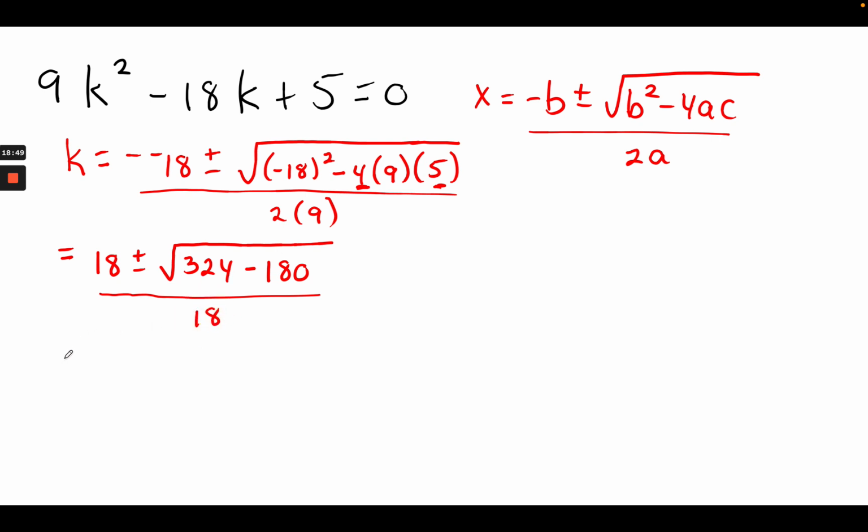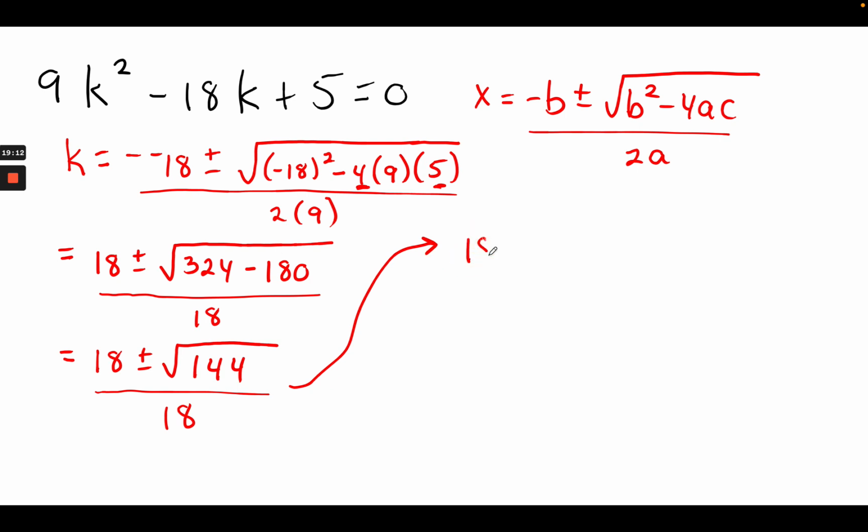Okay, so that gives me 18 plus or minus the square root of 324 minus 180, that's going to be 144. Well, that works out nicely. Over 18.